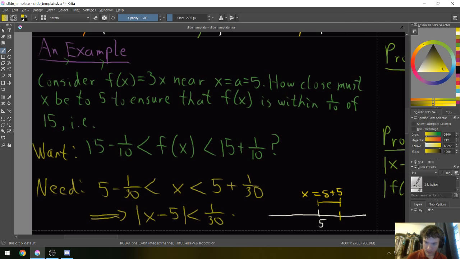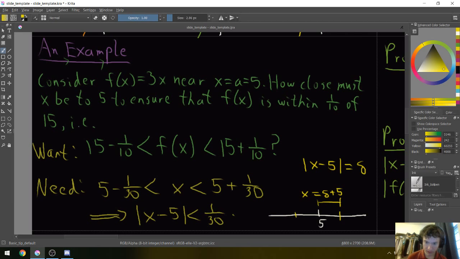So if x is on the right side of 5, then the absolute value of x minus 5, well, here x is greater than 5, so this is going to be a positive number inside the absolute value. So that will simply give us delta, a positive value.